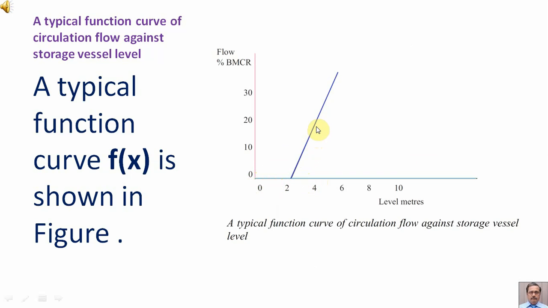Here we can see that at about 6 meter, 35% of the circulation flow shall be achieved. So this is the function fx curve in this graph.